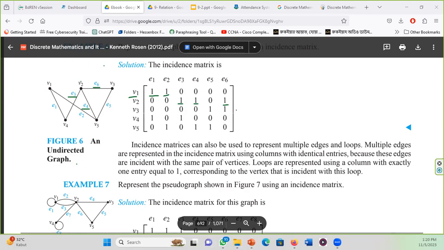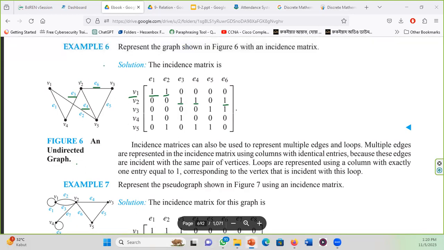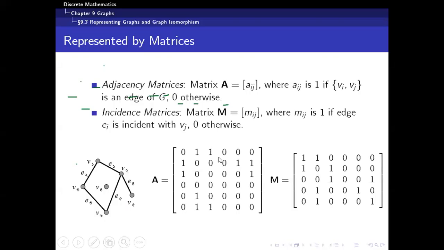So let us find from this slide. Okay, now tell me, what will be in here? What should I write in here? Edges.